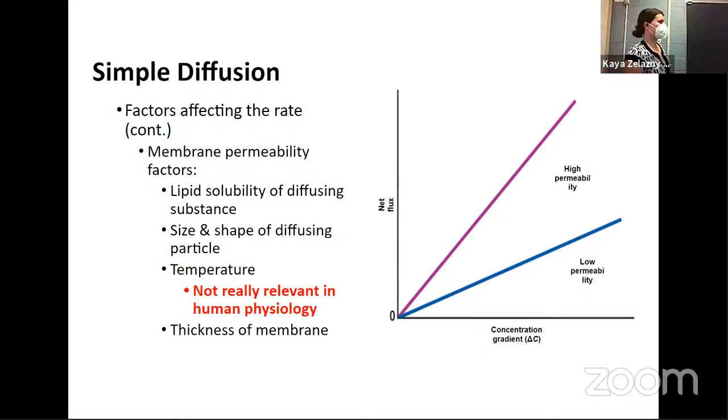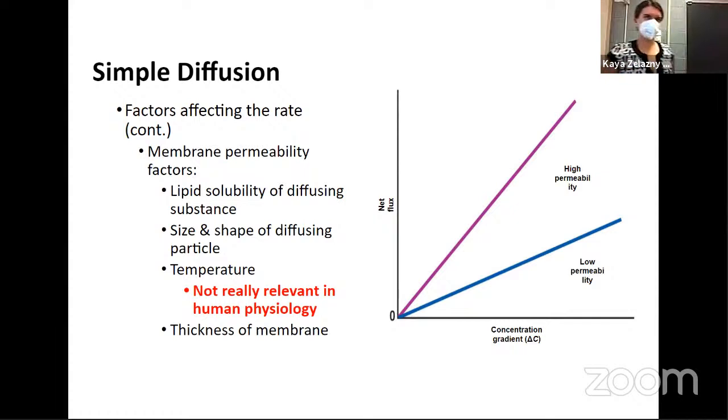Thickness of the membrane would matter if we're thinking about a tissue membrane, right? If we're thinking about the layer of cells. So we can expand our idea of diffusion from just a single cell to a layer of cells. If we're thinking about the epithelial membrane, say the lining of the lungs, then if we increase the thickness of this layer, it's going to slow down things moving across it as well.